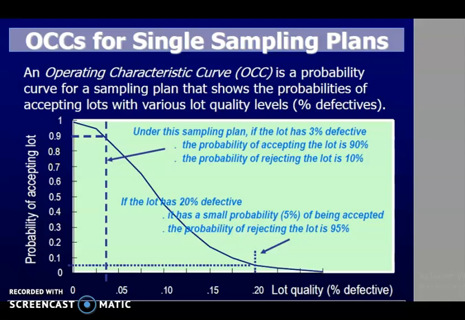In this diagram we can see that when the percentage of defective components is more, the probability of accepting the lot is less. So this graph is known as the OC curve, and what you are watching is the OC curve for a single sampling plan.